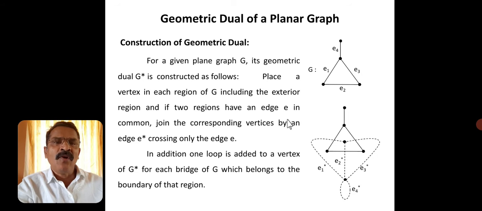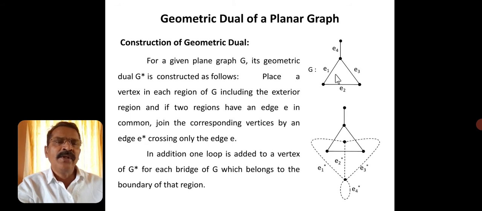If this is the case, if two regions have an edge E in common, join the corresponding vertices by an edge E star crossing only the edge E. Let us clarify this in the example. Here we have put one vertex interior to the interior face and one for the exterior face. As I said, these three edges are common between the interior and exterior faces.